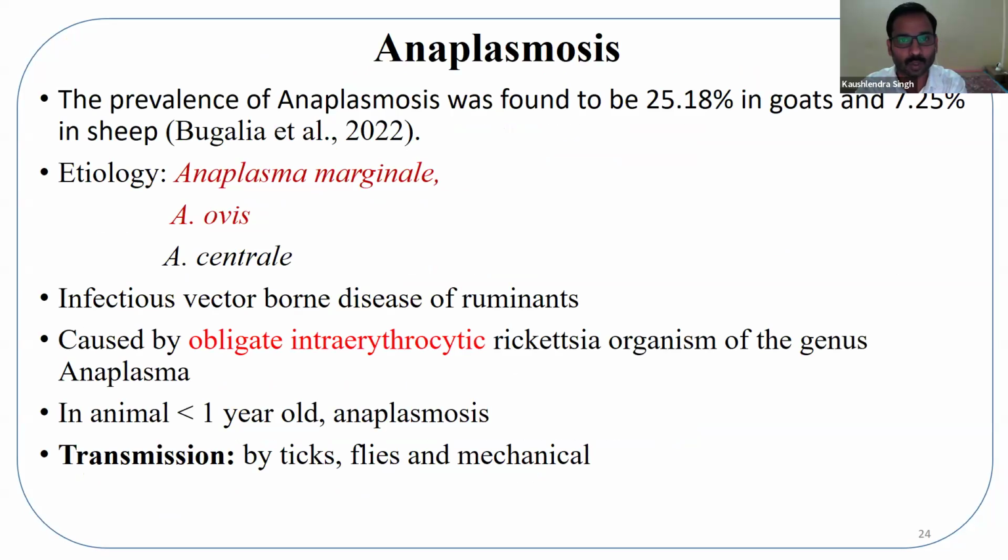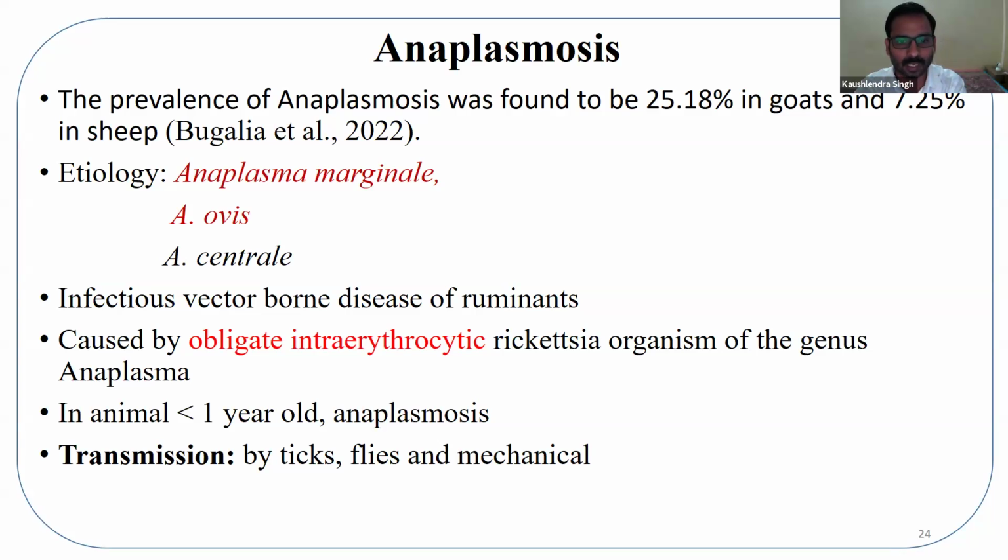Come to the anaplasmosis. The prevalence of anaplasmosis was found to be 25.18% in the goat and 7.25% in the sheep, as reported by Gilead et al. 2022. The etiological agents Anaplasma marginale and Anaplasma ovis are most commonly reported in comparison to Anaplasma centrale.